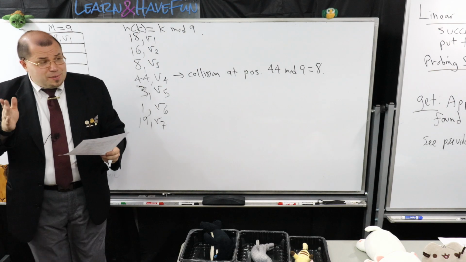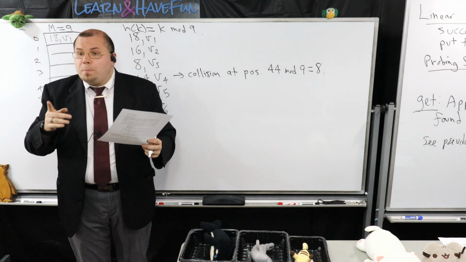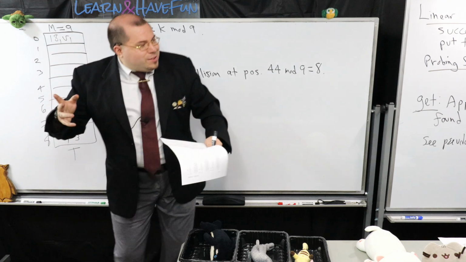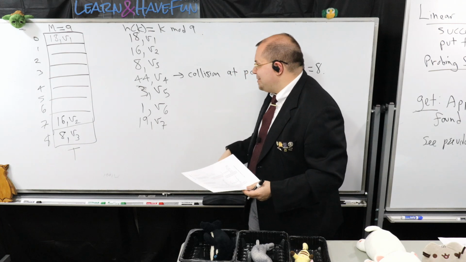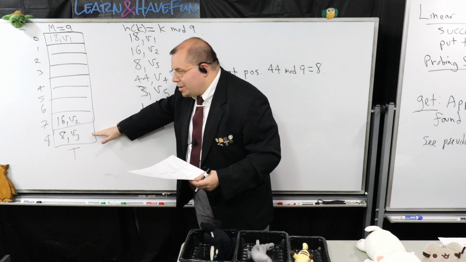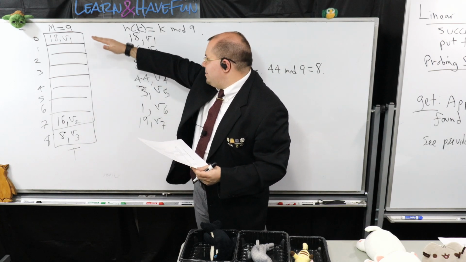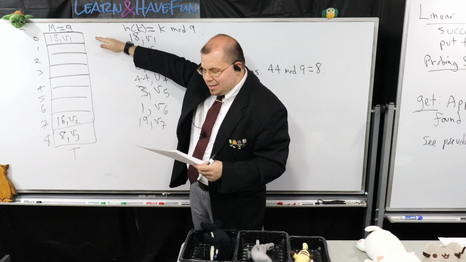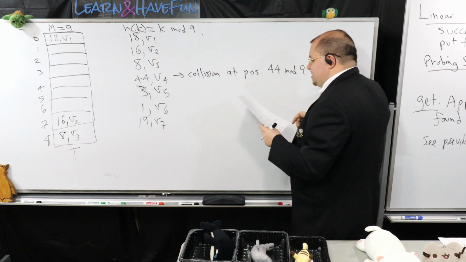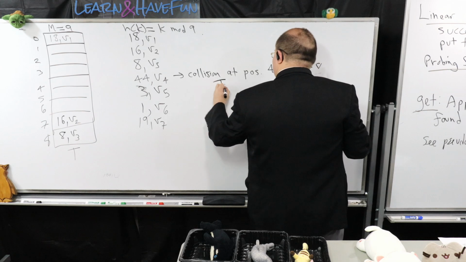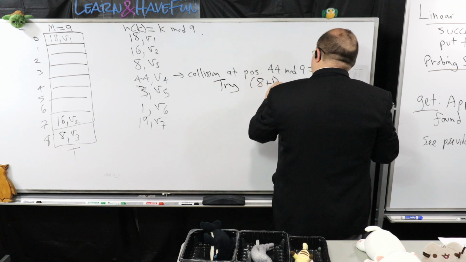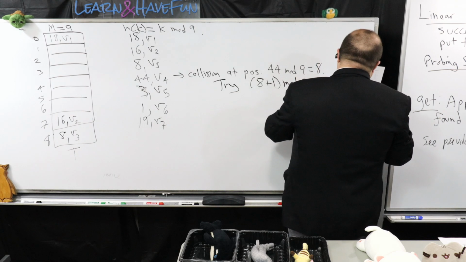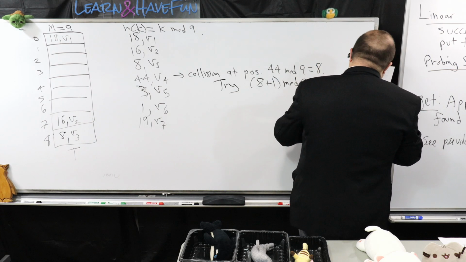I'm at position 8. I'm going to jump 1 to the right and examine that spot. Going to the next spot is going back around up here. So we're going to try 8 plus 1 mod 9, which is just 0, right?